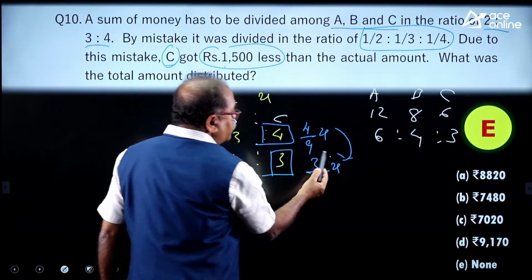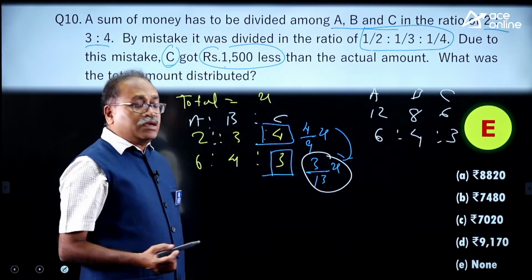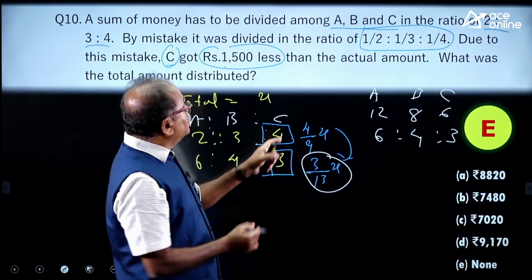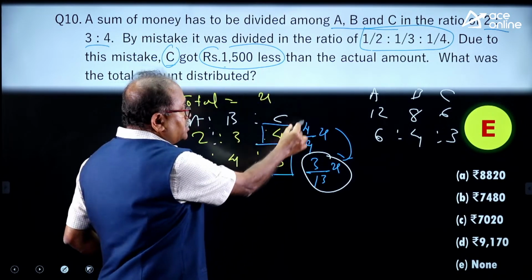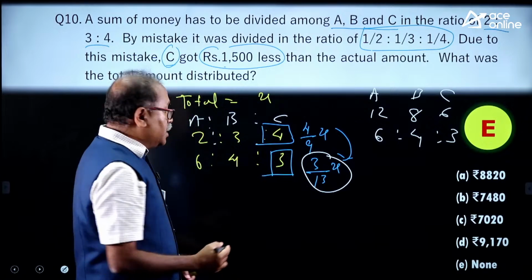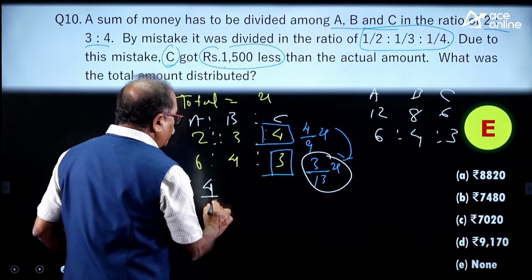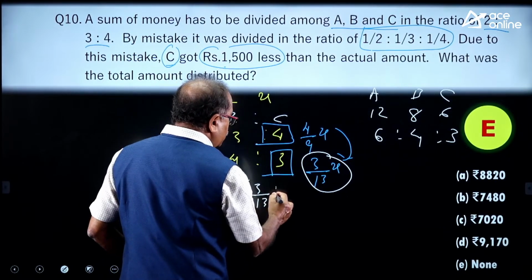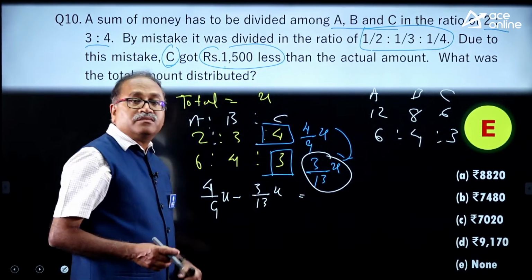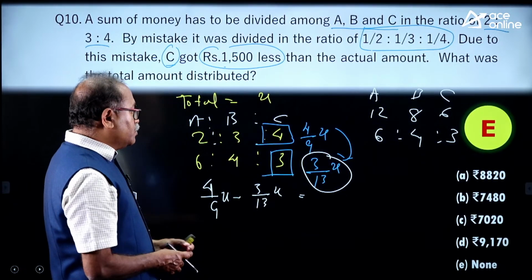So he got less money, 3 by 13x. How do I know 1500 less? So how much less in terms of fraction? In terms of fraction, 4 by 9x minus 3 by 13x. How much is the difference over here?